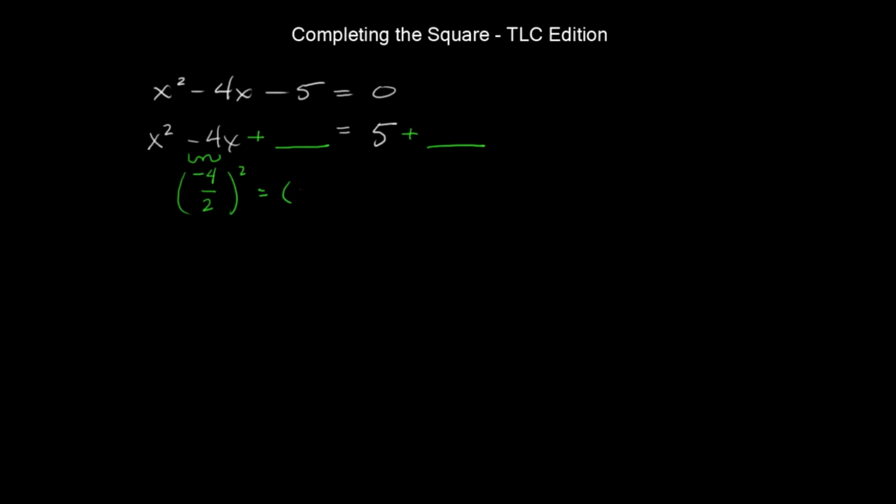In my case, I'm going to get a -2 on the inside, and I'm going to square it. That becomes a +4. Now, instead of writing 4 in both blanks, I'm going to write the 4 in the second blank. However, in the first one, I'm going to write -2 quantity squared.